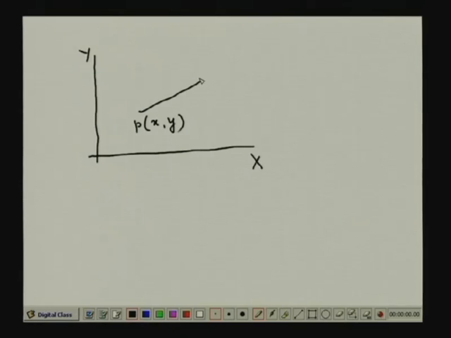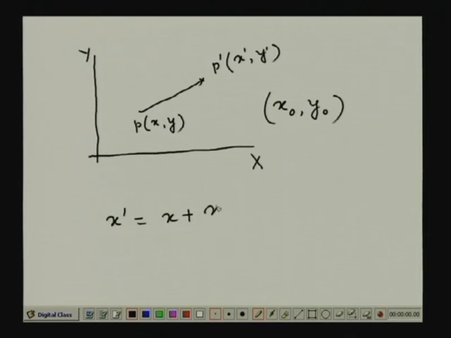After translating this point by the vector (x naught, y naught), I get the translated point P prime, whose coordinates are x prime and y prime. Because the translation vector in this case is (x naught, y naught), after translation the new position x prime will be given by x plus x naught, and y prime will be given by y plus y naught.